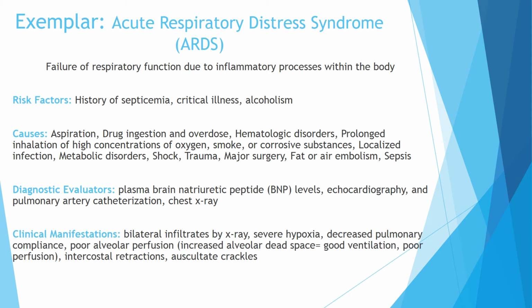So they had to emergently place a tracheostomy in the emergency room. So he didn't even go to the OR for his tracheostomy. He had to have it emergently placed in the emergency room because his airway was becoming obstructed from all the chemical burns and the swelling.